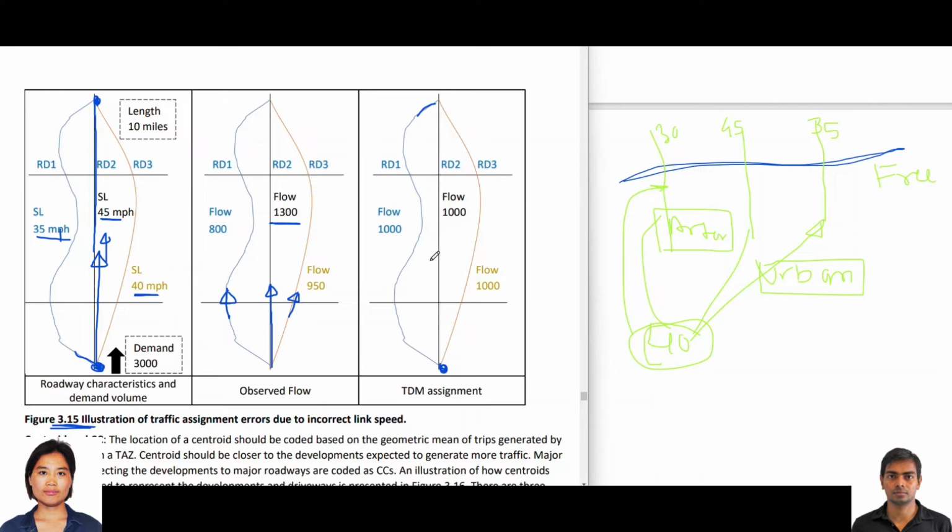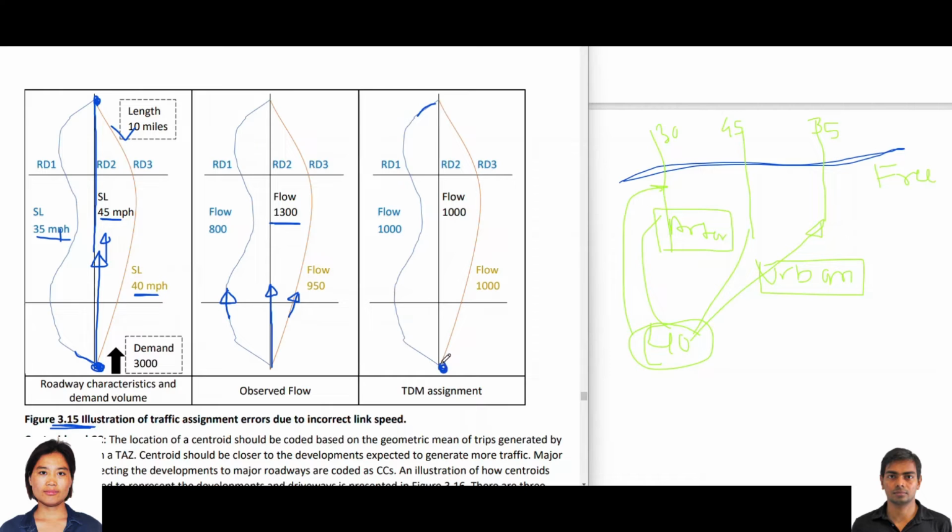Let's assume that the length is almost equal. Let's say these are longer routes of 10 miles. So let's say this is 10 miles, this is 10.5, this is 10.2 or something like that. So the length is pretty long, and the lengths of these three are almost equal.